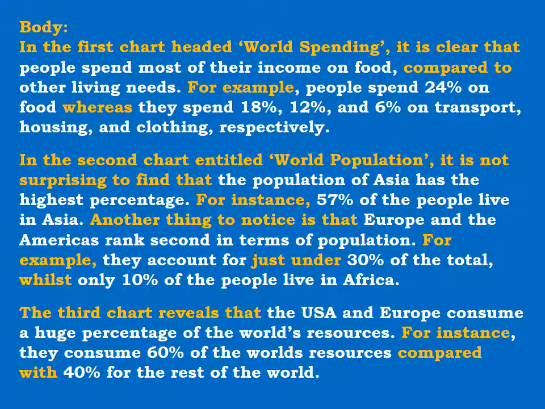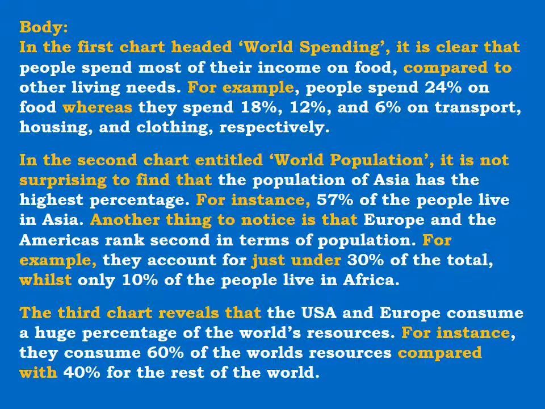This percentage goes with that area of consumption. Okay? So this is good for you actually to learn such sentences. Again, let me repeat the example. For example, people spend 24% on food, whereas they spend 18%, 12%, and 6% on transport, housing, and clothing, respectively. All right?